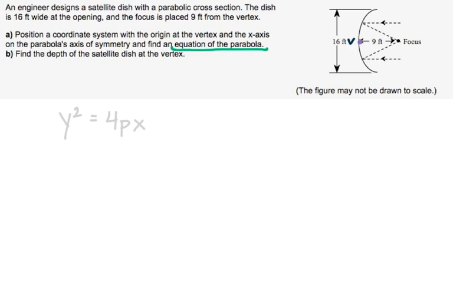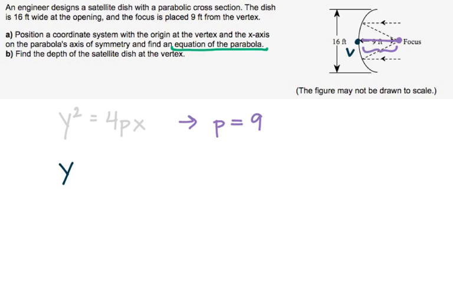So if I'm at 0, 0 right here at my vertex, and I know that the focus is 9 feet away, so there's my vertex, and I know that this focus here is 9 feet away. Since we're opening to the right, we know that is a positive p-value, and we're going to be able to say that p equals 9.